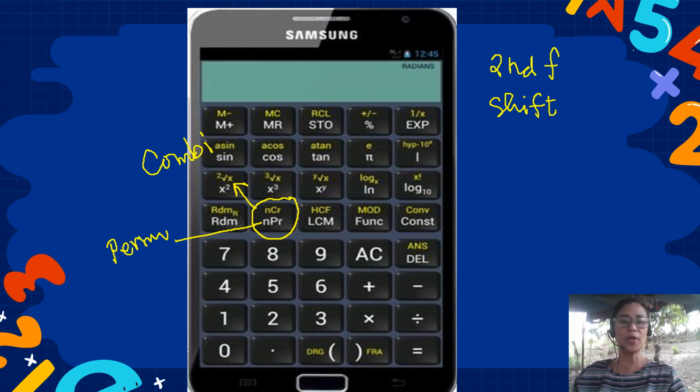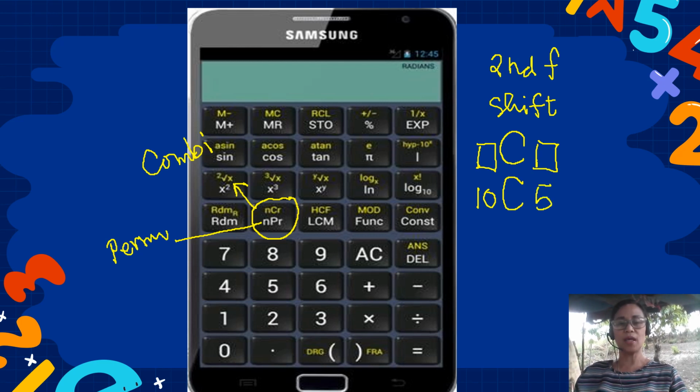Once you press this key, you are going to have this icon on your screen, and there's a blank spot here and a blank spot here. So for example, you are going to solve 10 choose 5, simply type here 10 and then type here 5, and it's going to give you an instant answer. Go ahead and try.